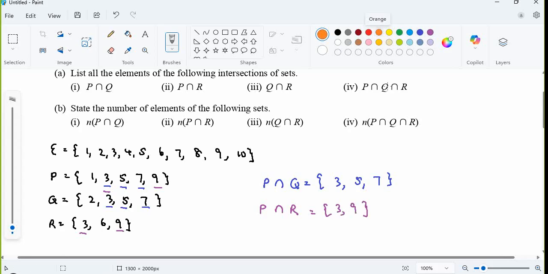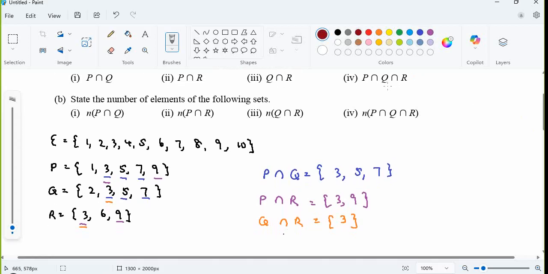Next, if we want to find Q intersect with R, we have 3 only. The last one is P intersect Q intersect R, where all three sets have 3.